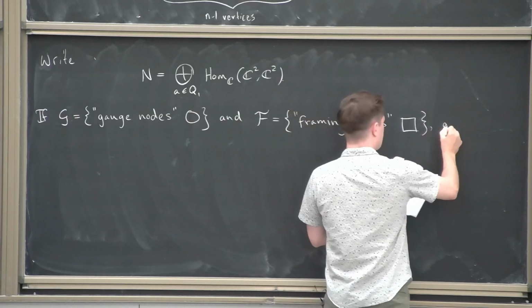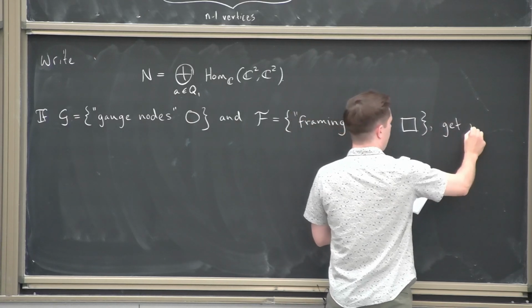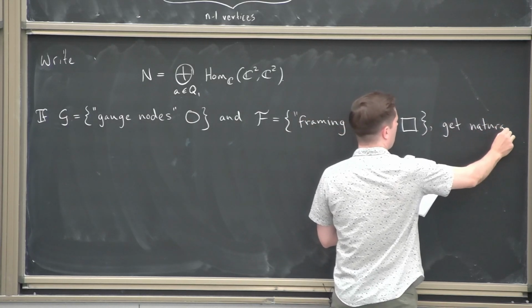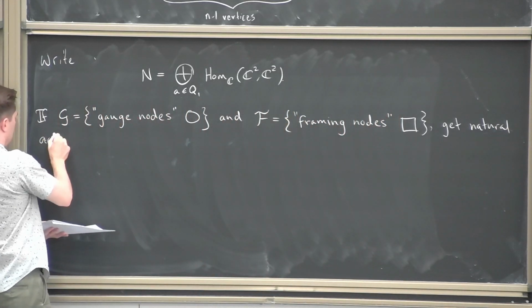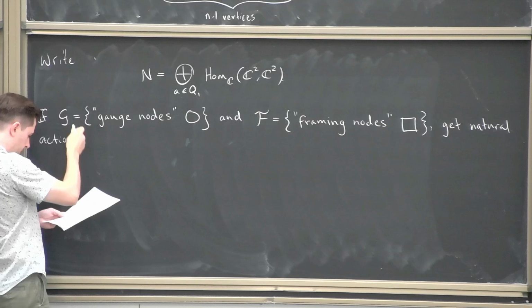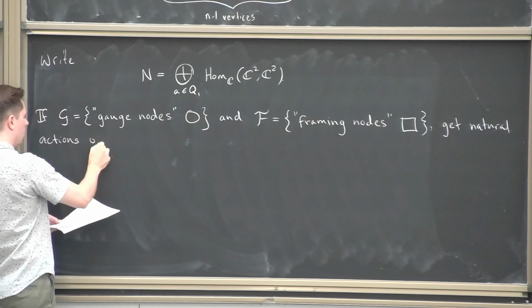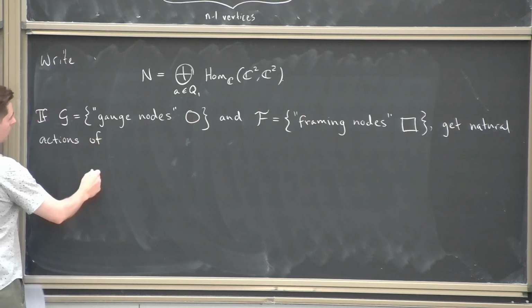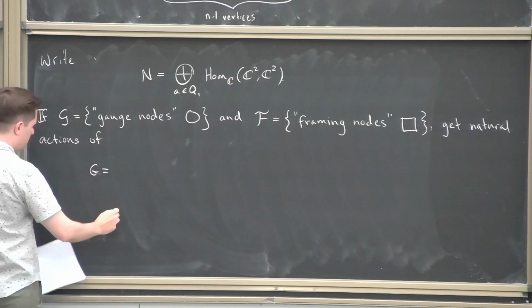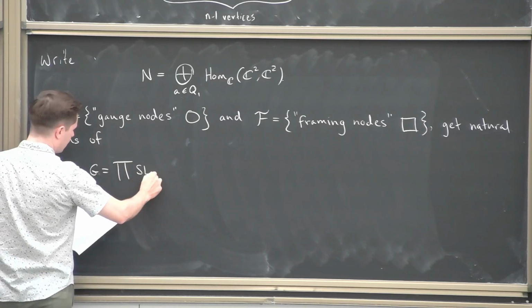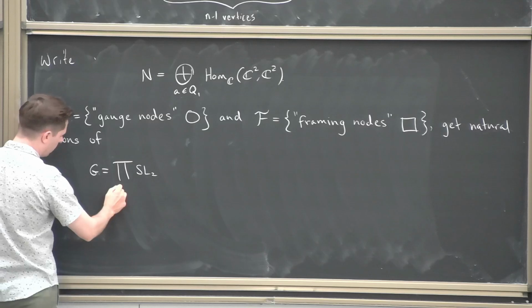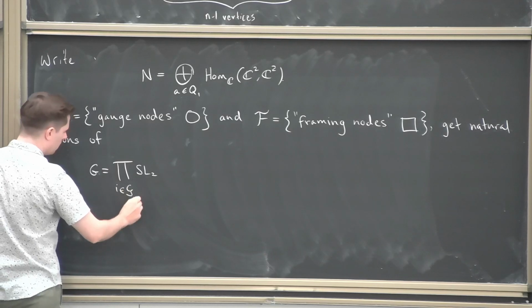Then we get natural actions of the following groups on this vector space. First, the group G, which is the product of SL2 factors, one factor for each gauge node.